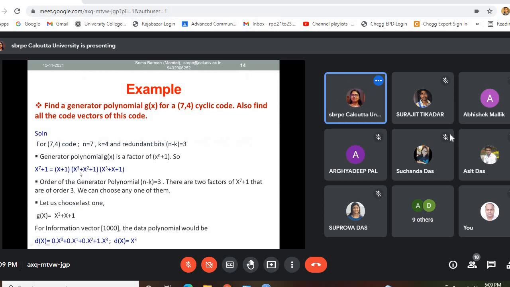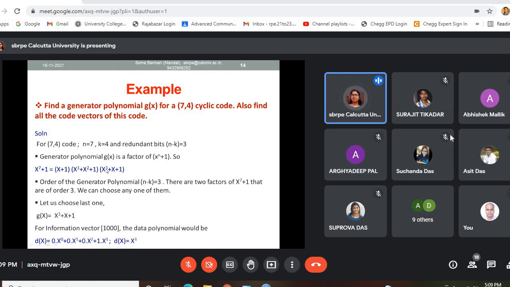Here we have the product of three polynomials: x plus 1, x cube plus x square plus 1, and x cube plus x plus 1, with degrees 1, 3 and 3.